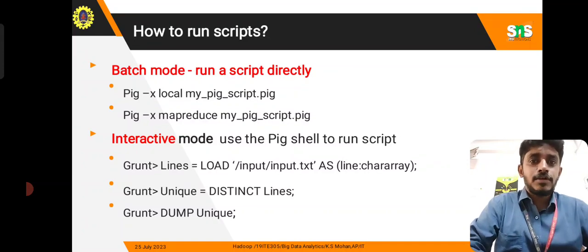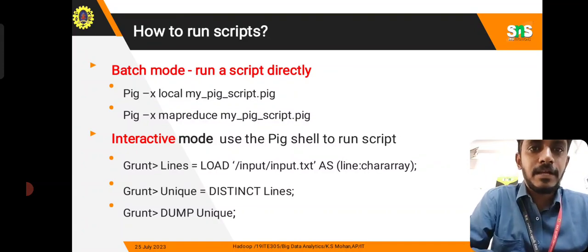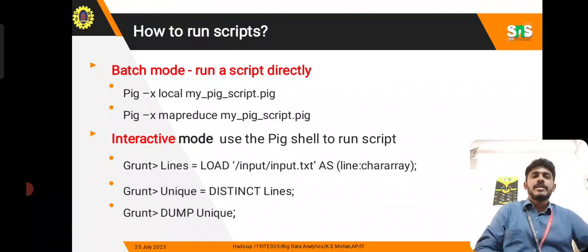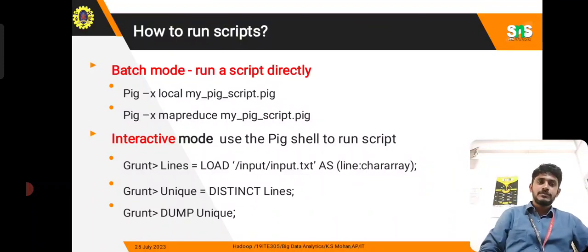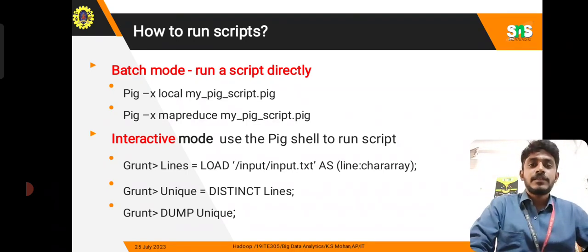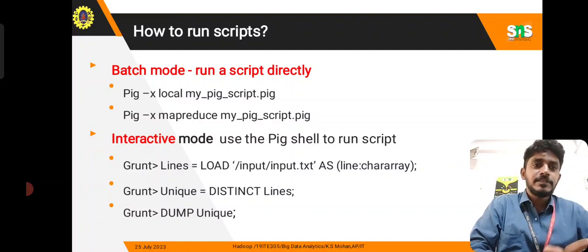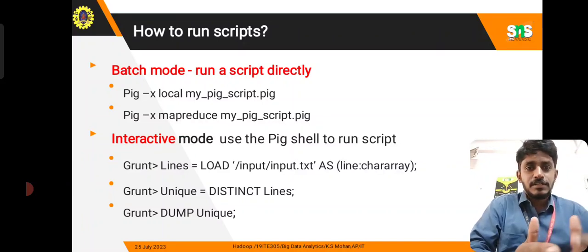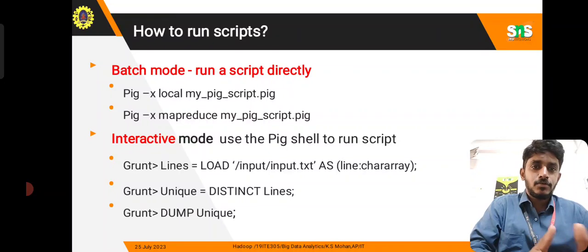Then there are batch mode and interactive mode, for Pig locally. Interactive mode uses the Grunt shell to run the scripts. The batch mode we can see in Pig presented here. The interactive mode uses the Grunt shell to run the scripts, with the load and dump lines.